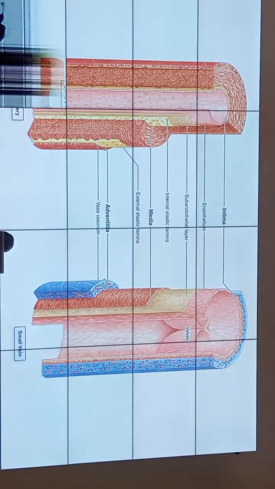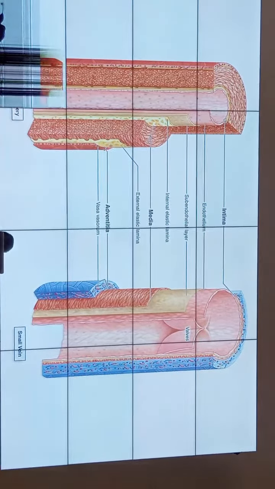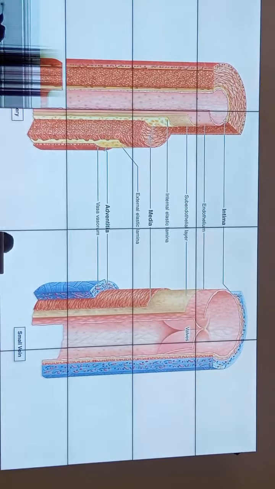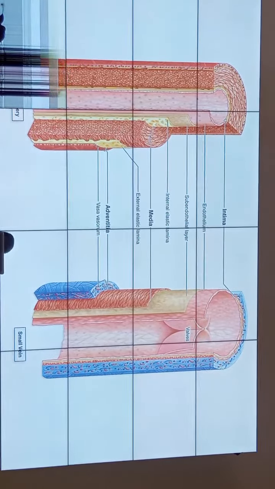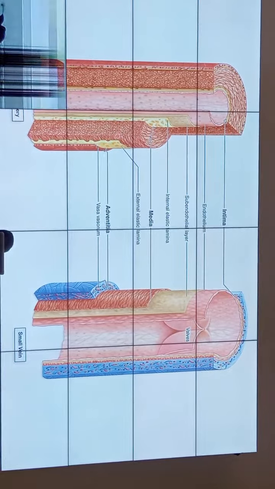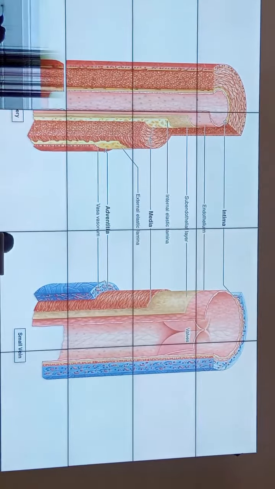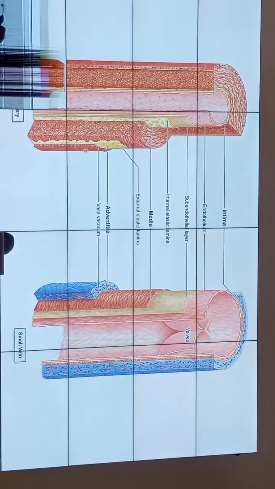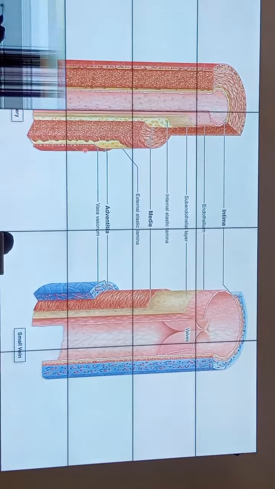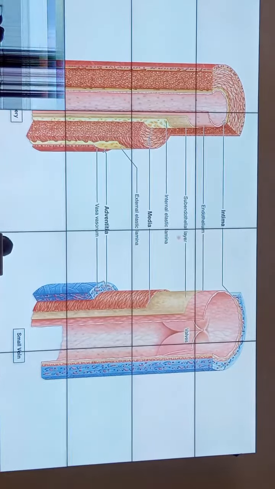From here up to this layer here, this is the tunica media for this vessel. And then what remains here is the tunica adventitia. We are together?